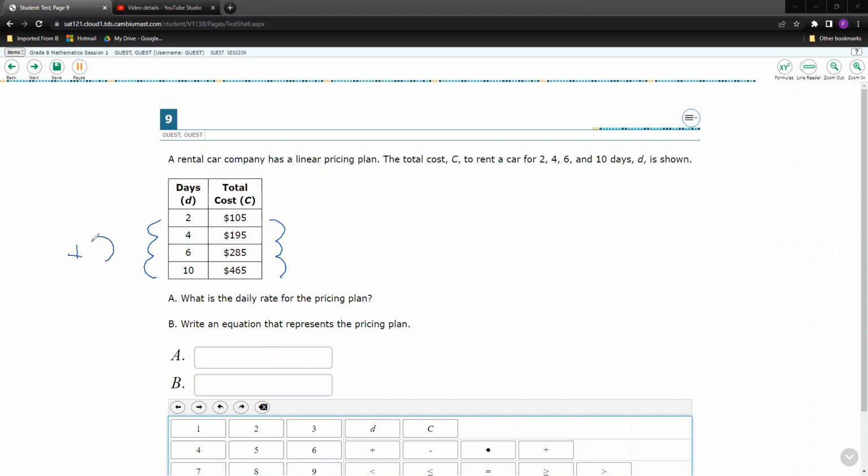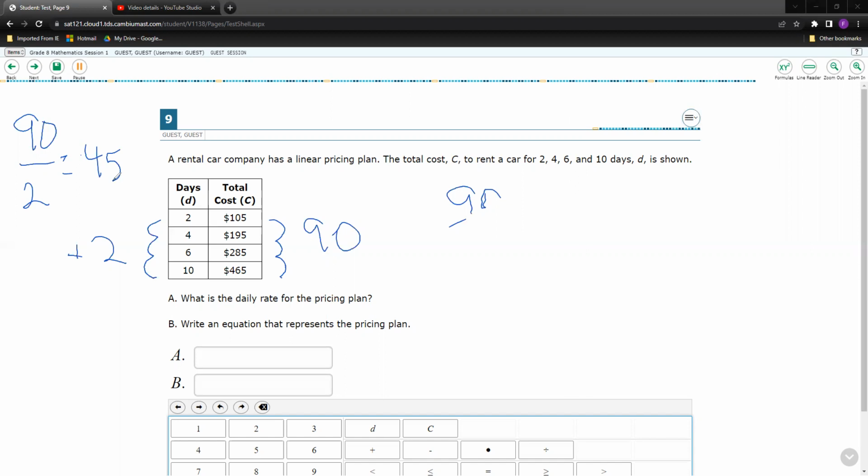It changes by 2. And the pattern of Y changes by 90. So the slope or rate is the change of Y over the change of X: 90 over 2, or $45 per day.